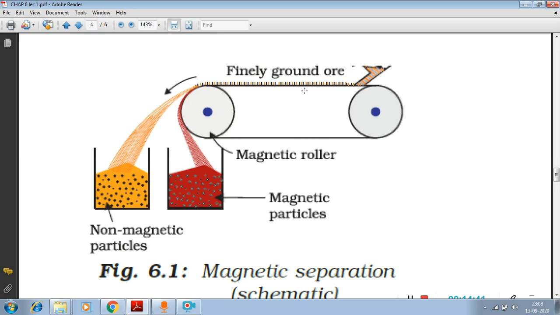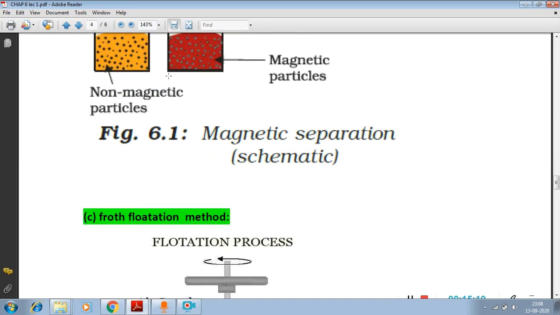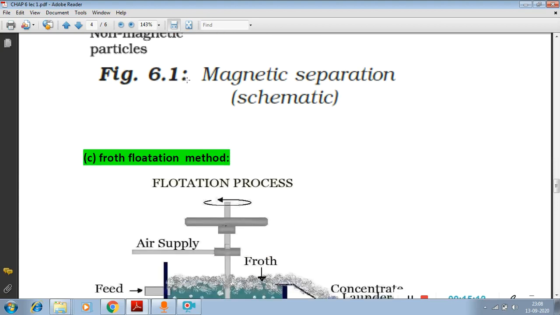This black part is our conveyor belt. Whichever compound is attracted towards the magnetic field will come here in the red part, and whichever compound is non-magnetic will come here in the yellow part. So this is magnetic separation.